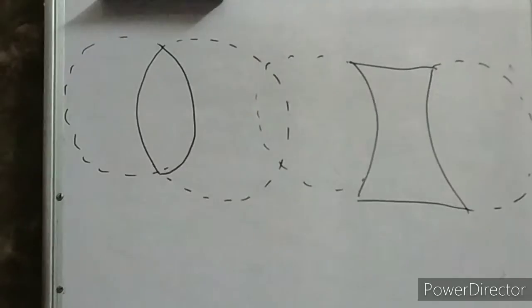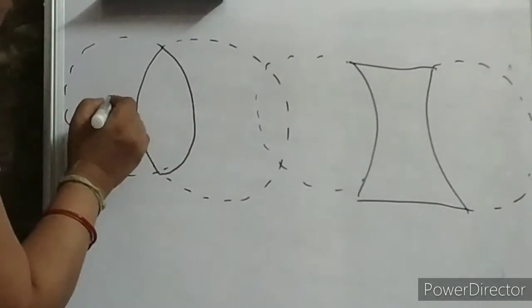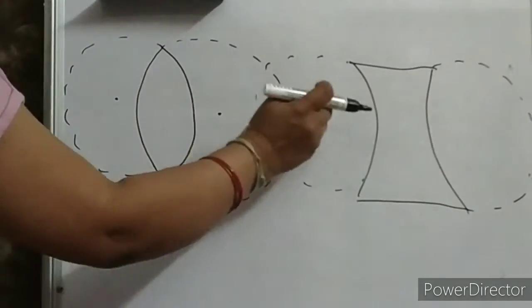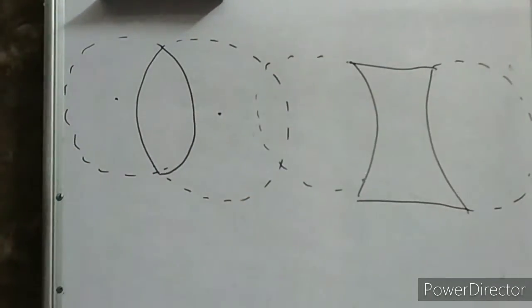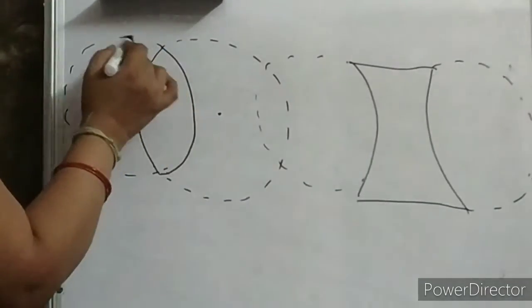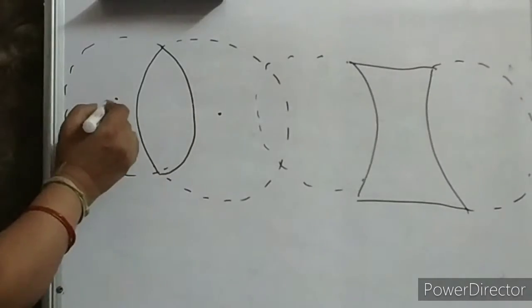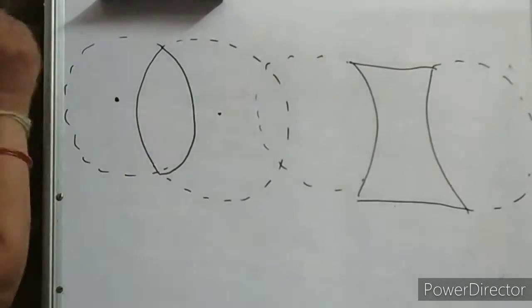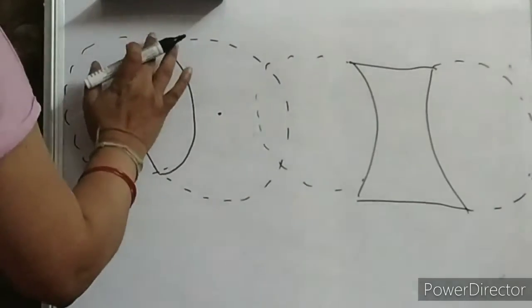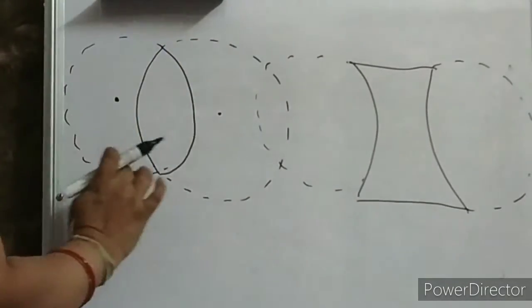If it is part of a sphere, then there has to be a center of the sphere. Here also a center of the sphere, and same over here. But we are not dealing with the entire sphere.